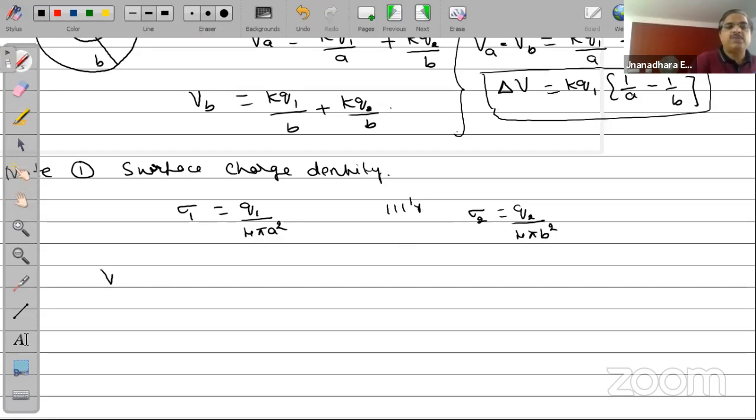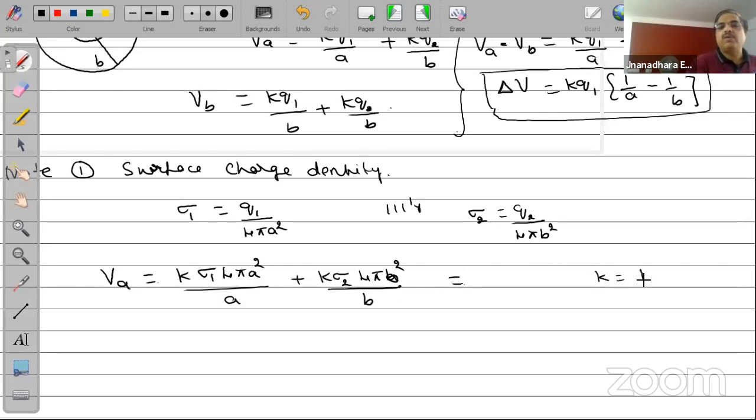Now, what will be the expression for VA in terms of sigma? Okay, wherever you have q1, substitute for sigma. So therefore, you'll get this, and remember, K is 1 by 4 pi epsilon naught.